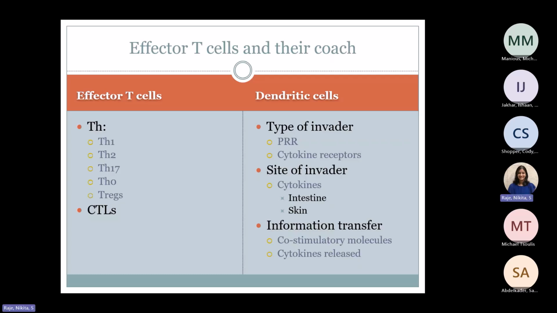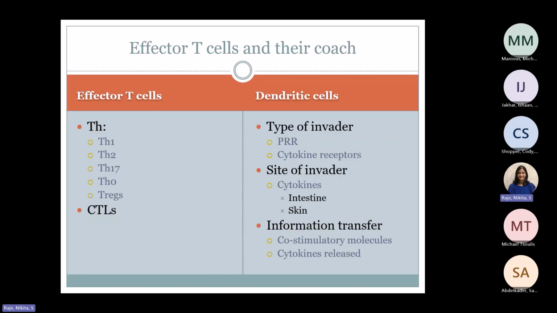The dendritic cells use their pattern recognition receptors to get the information from the environment of what type of invader they are dealing with. And then they use their cytokine receptors, because there is cytokine in the environment depending on the type of invader. The type of cytokine receptors that get used tell the dendritic cells what kind of invader it is.